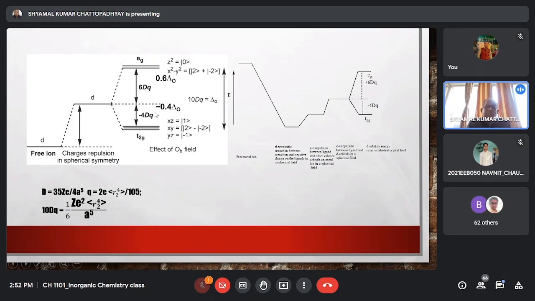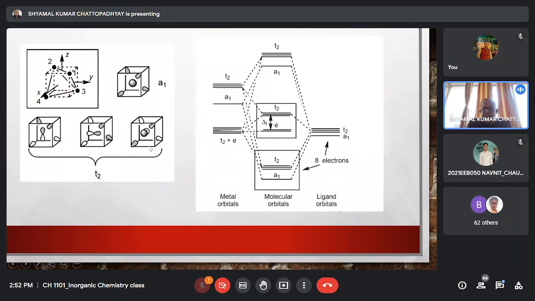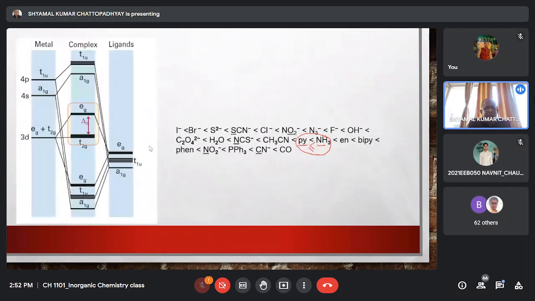One is a triply degenerate set, designated as T2g, T corresponding to triply degenerate, and g corresponding to gerade. That means with respect to inversion through a point of symmetry, the d orbitals are gerade, that is plus to plus, minus to minus.